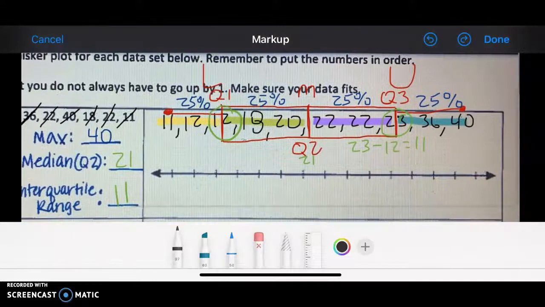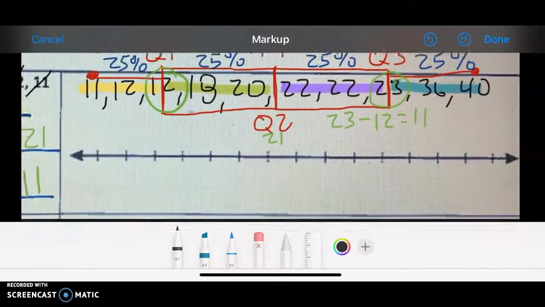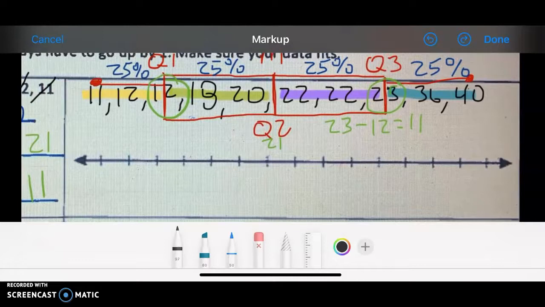All right, so let's start somewhere in the middle. We need to go from 10 to 40. Let me see how many marks there are. 1, 2, 3, 4, 5, 6, 7, 8, 9, 10, 11, 12, 13, 14, 15. So that would be 30. Yeah, so we can do that.